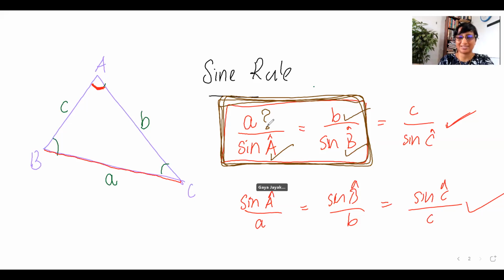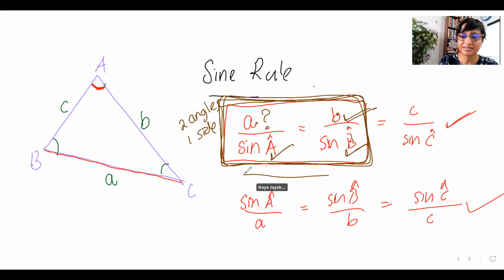If you know two angles and one side, here two angles, angle A and B, and one side, this side must correspond to one of the angles given. Then you can find the other corresponding side.